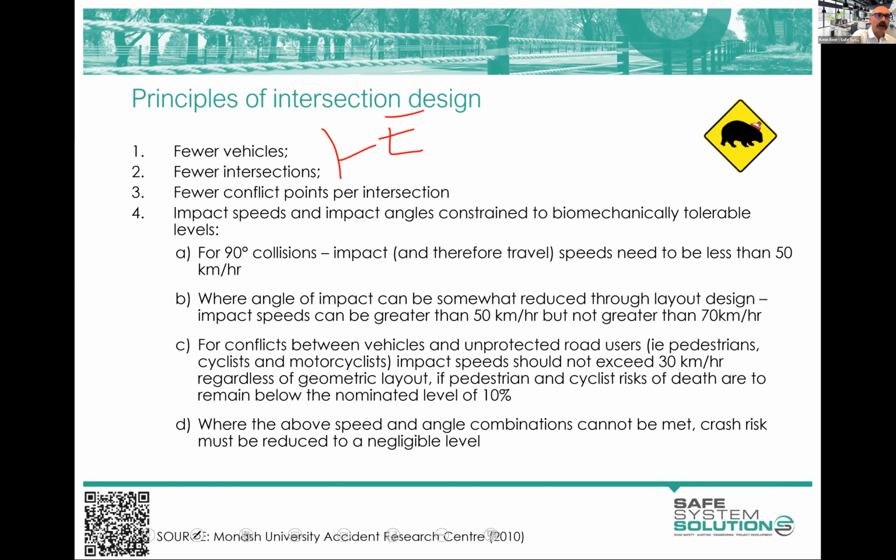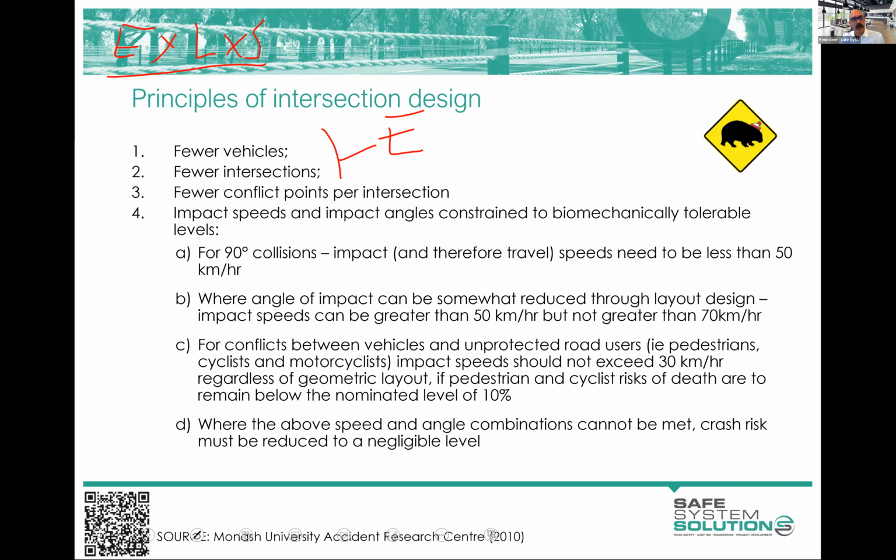So remember we were talking about exposure times likelihood times severity as our way to analyze risk under a safe system assessment. If we can reduce the number of vehicles going through an area, we've reduced the exposure to crashes. And if you can eliminate intersections, you've eliminated exposure to intersection crashes, okay?